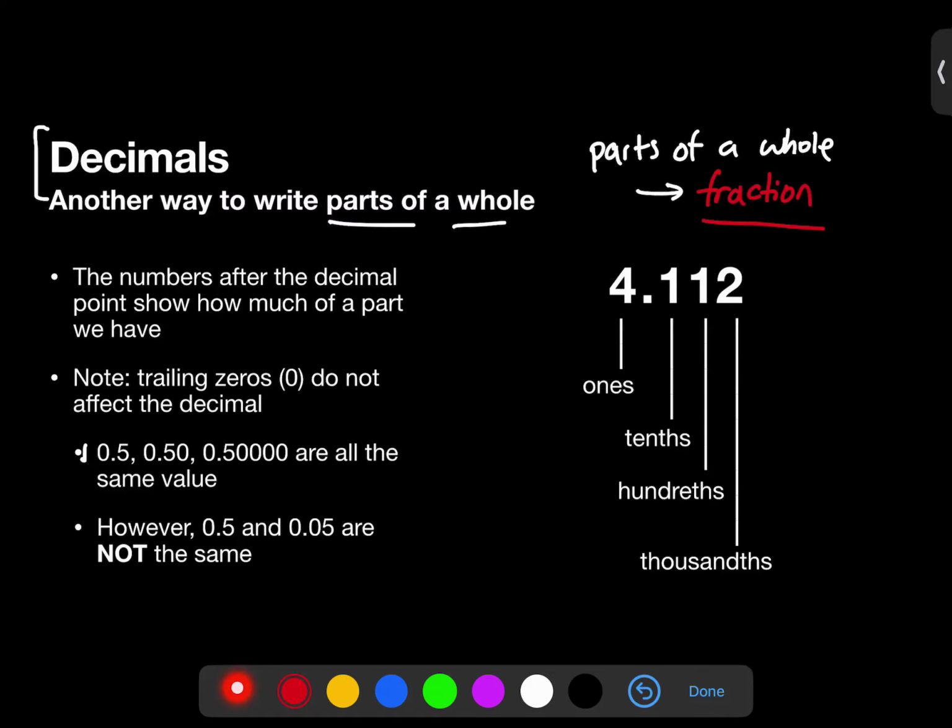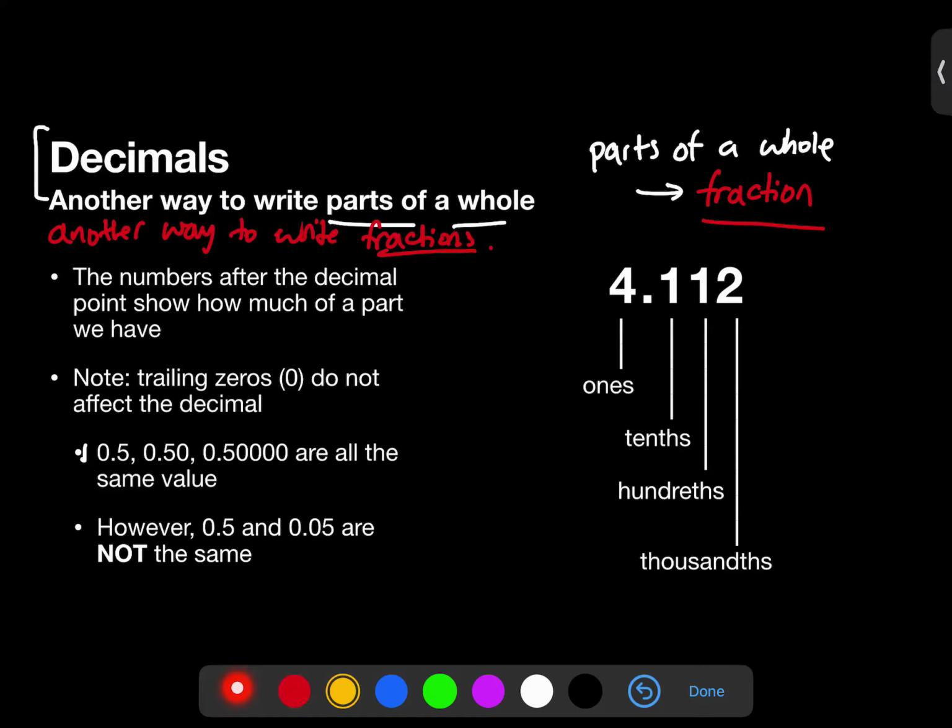So essentially, decimals are another way to write fractions. Does this make sense? So remember, fractions are part over a whole. The numerator is a part and the denominator is the whole.